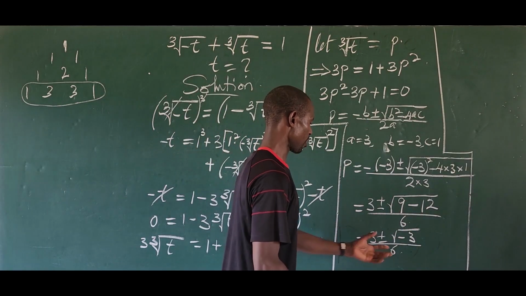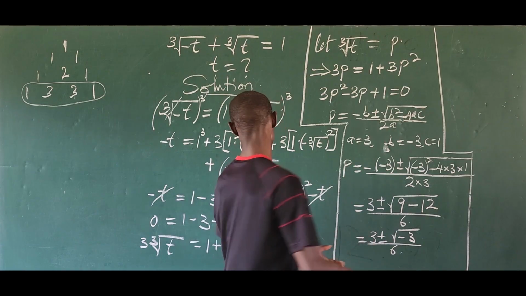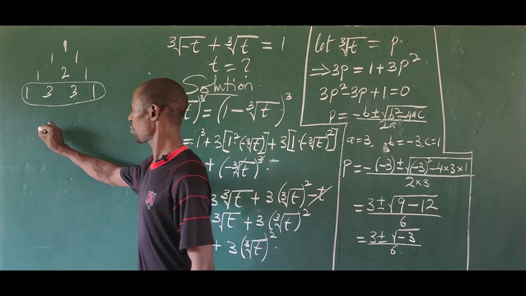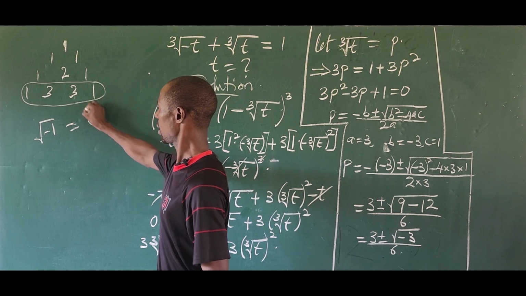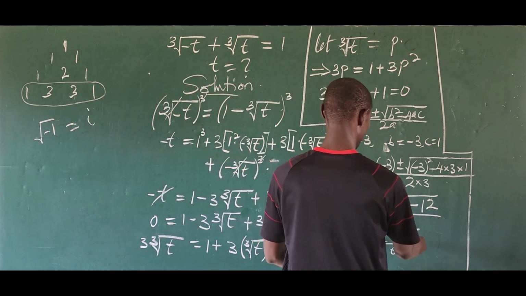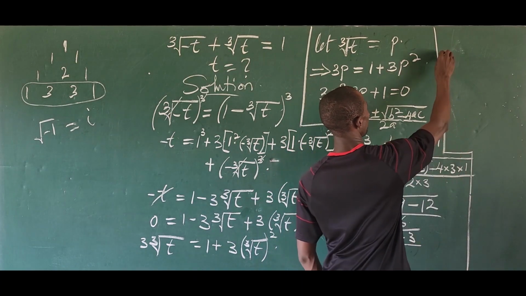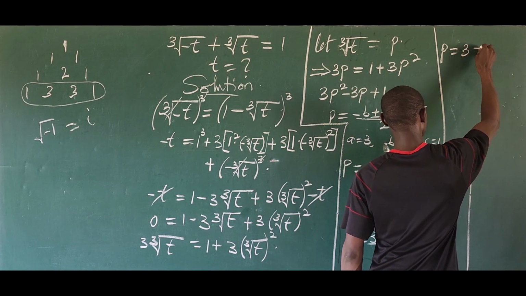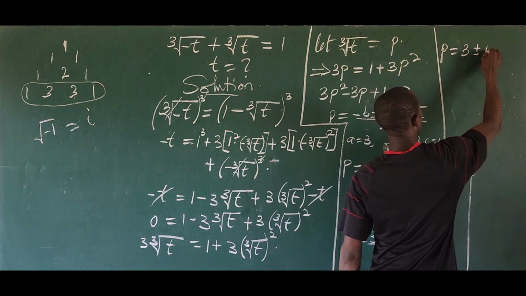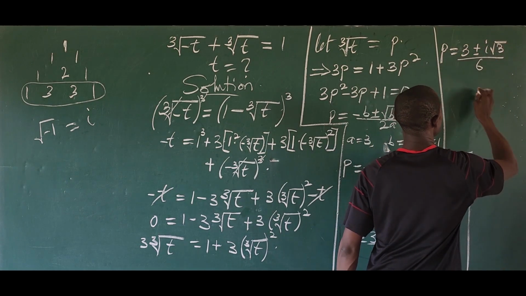So what is our p now? We can split this, but before then, we can rewrite this minus 3. Remember that the square root of minus 1 is equal to what? Iota. So we can rewrite this and bring iota into the system. This will give us p is equal to 3 plus minus iota root 3 all over 6.